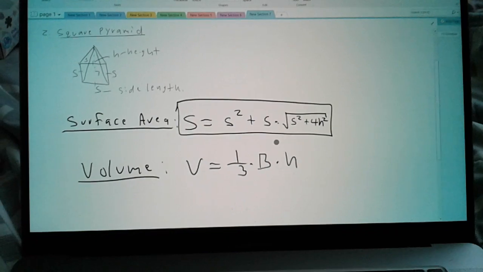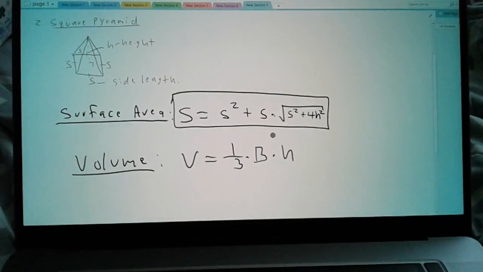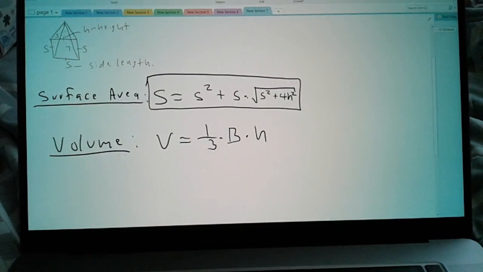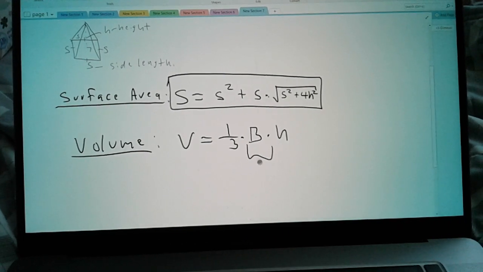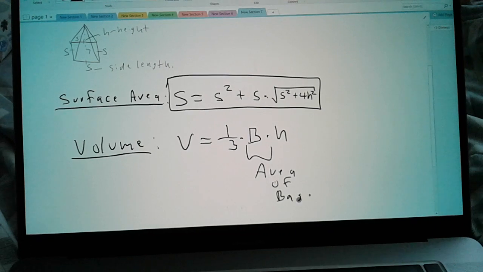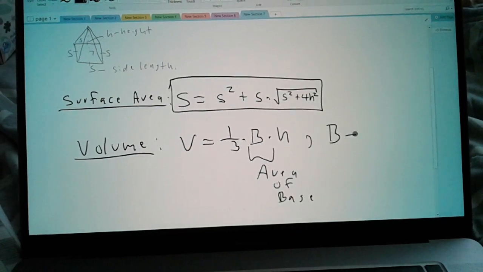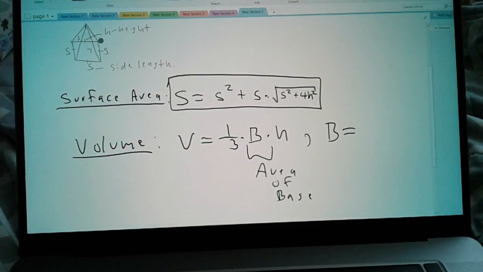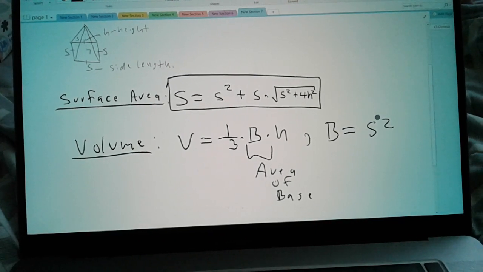The volume is 1/3 times B times H. B is the area of the base. In this case, we know that the base is a square, so the area of the base is S squared.